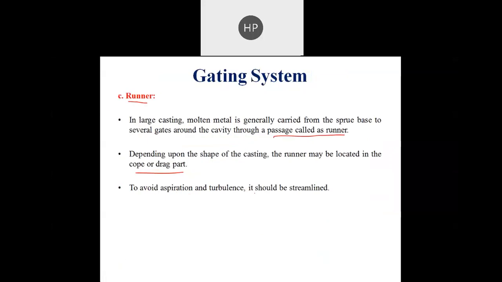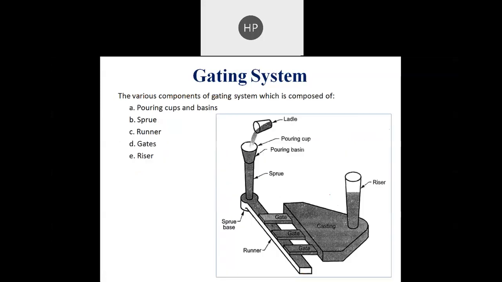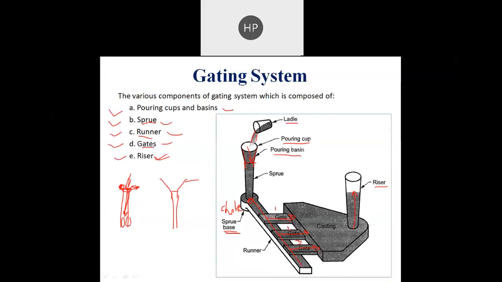Then to avoid aspiration and turbulence, it should be streamlined. It is very important, and for that generally we use a choke. So this is the choke, the sprue base, which is also known as a choke. The choke is the temporary storage of the molten metal at the bottom of the sprue.